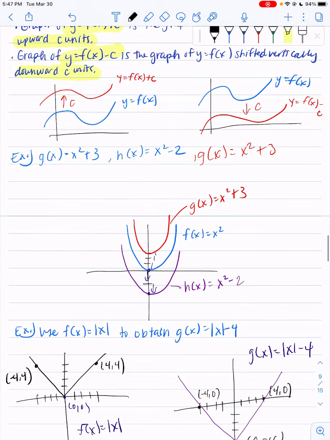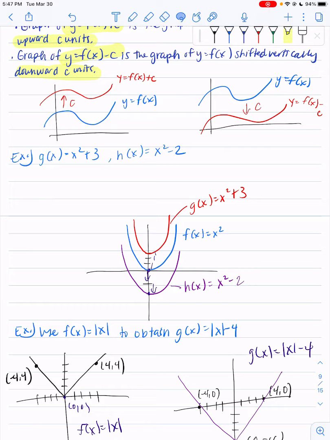So here in our example, I have g of x equals x squared plus 3, h of x equals x squared minus 2. I just put the g of x in. We can just get rid of this one.